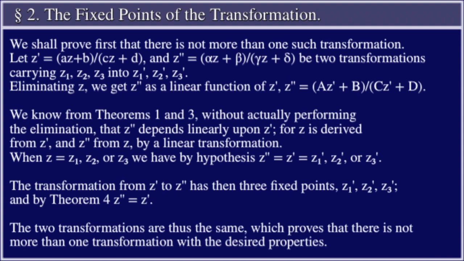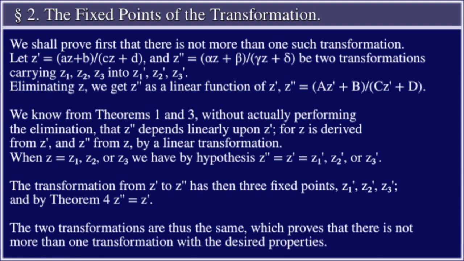Let z′ = (az + b)/(cz + d), and z″ = (αz + β)/(γz + δ) be two transformations carrying z1, z2, z3 into z1′, z2′, z3′.